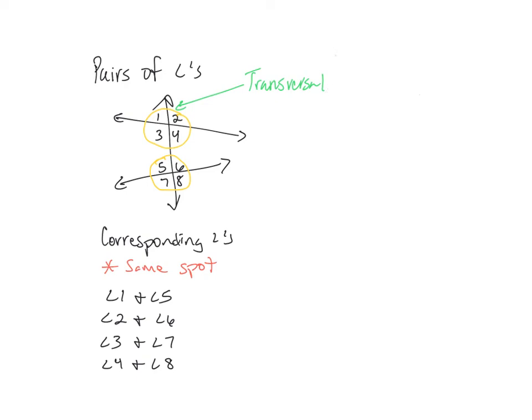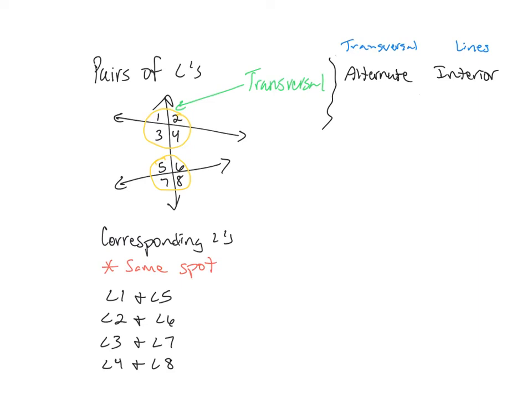Okay, alternate interior angles. The reason I split it apart is alternate is the location as it relates to the transversal, and interior is where it is in relationship to the lines. Okay, so alternate means like opposite side, interior means on the inside.